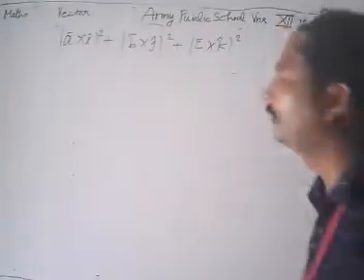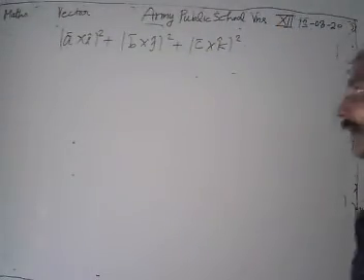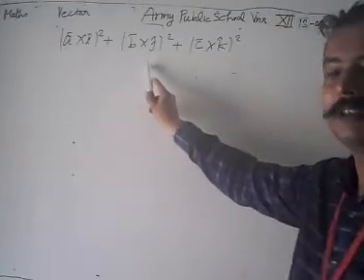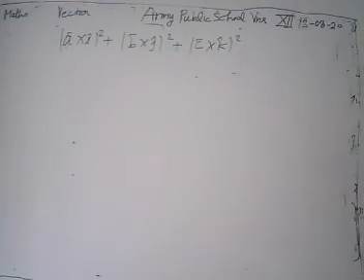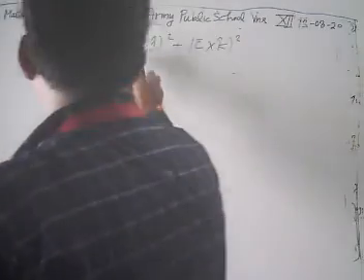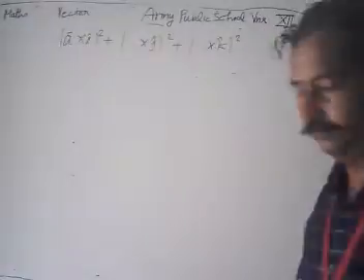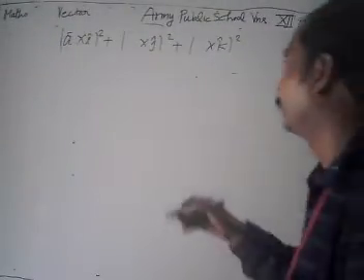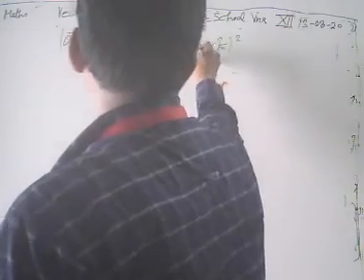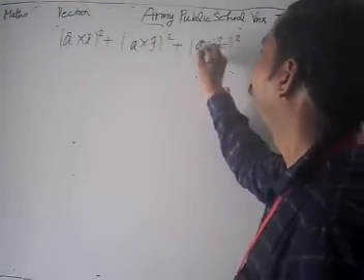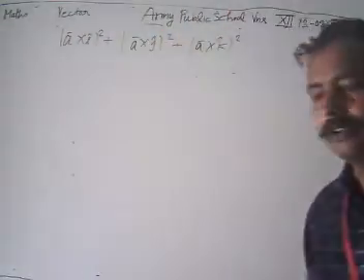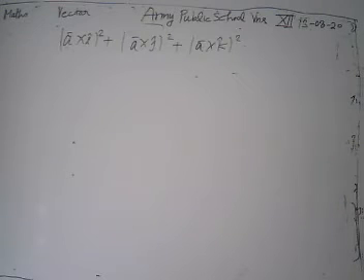We have to find out the value of vector A cross i, vector A cross j, and vector A cross k.